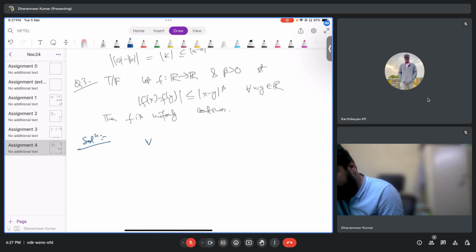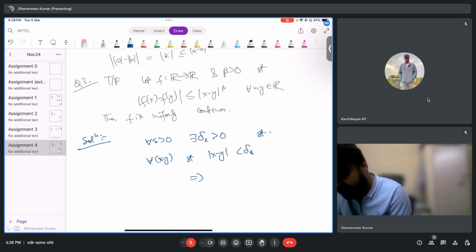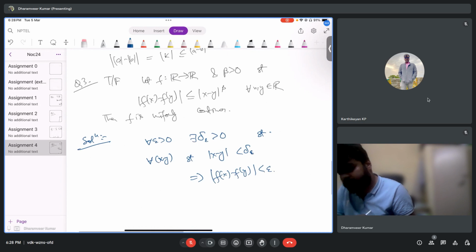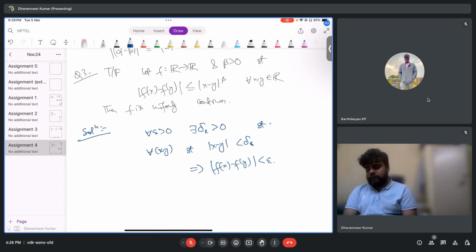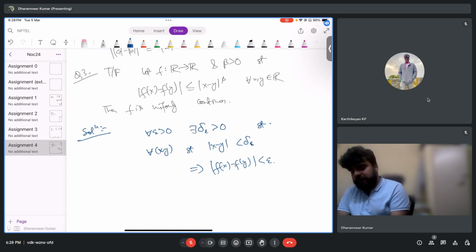So for every epsilon greater than 0, there exists a delta which only depends on epsilon, such that this is true for all x and y such that... I'm just writing epsilon as a subscript, just to say that delta only depends on epsilon, such that f(x) minus f(y)... so let's say this is true for all x, y in R. So we are done, right?